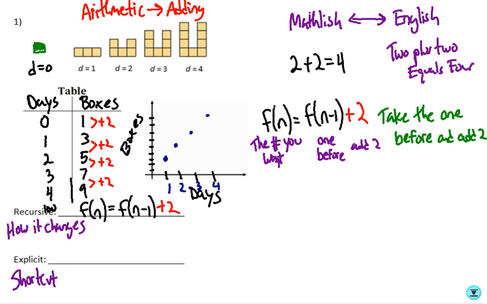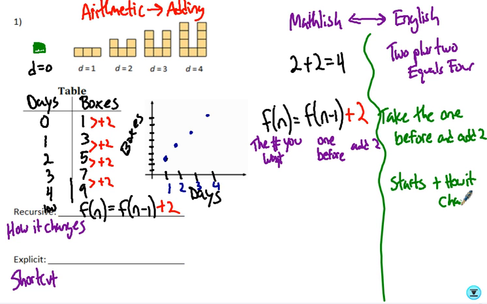So what we do with the explicit, so this was our recursive. In English, what we're doing is we'll take where it starts, plus how it's changing. Okay, so where does it start? So we're going to take the number we want, and we're going to take where it starts, which is where the stopwatch starts.